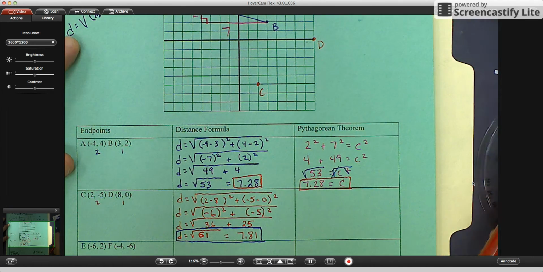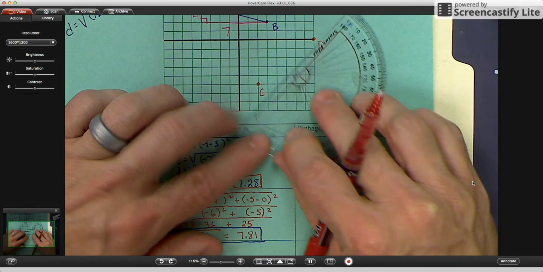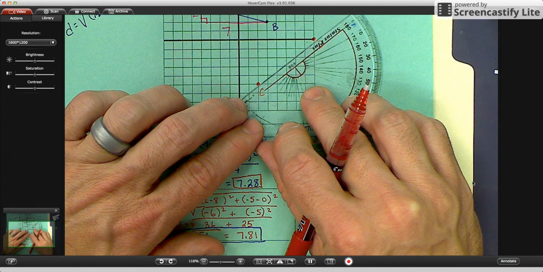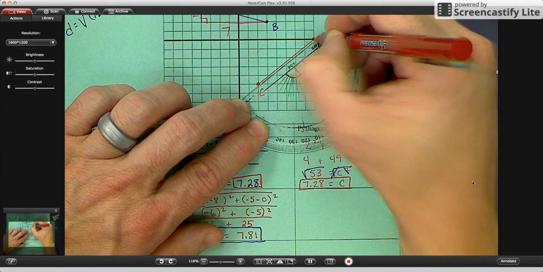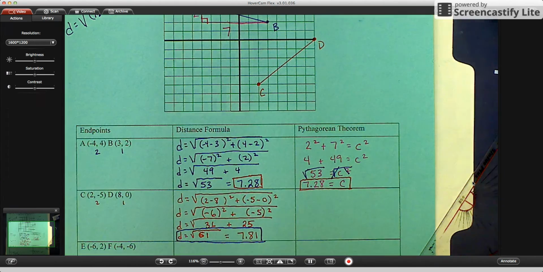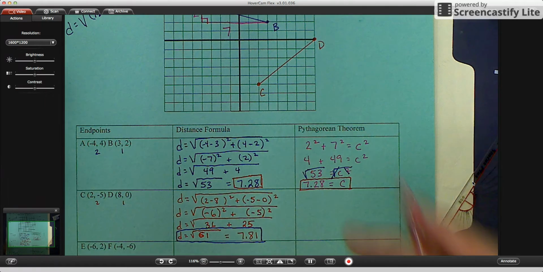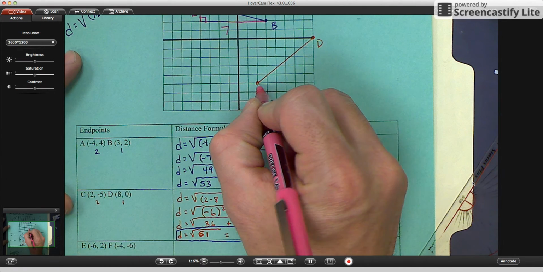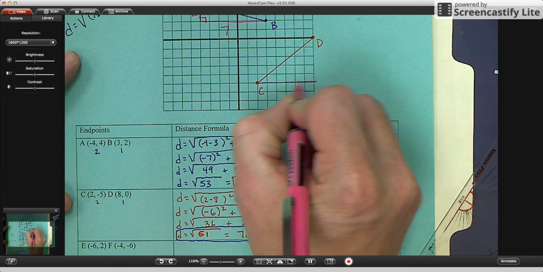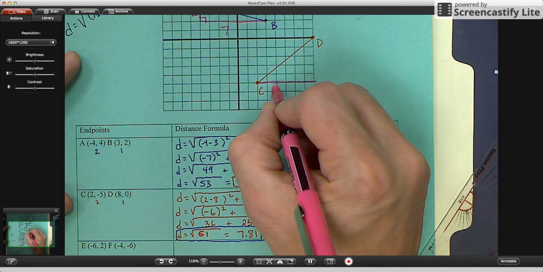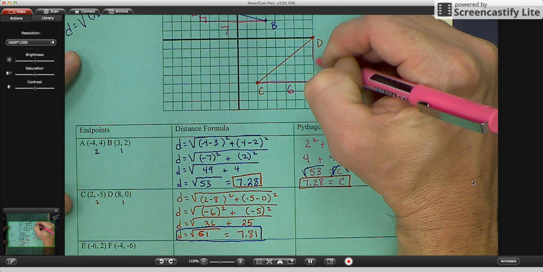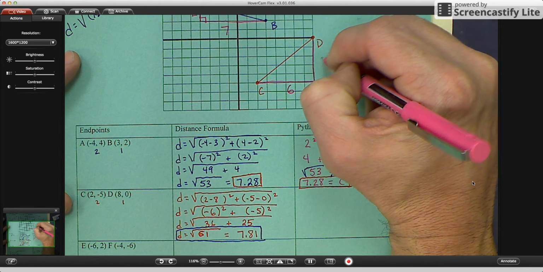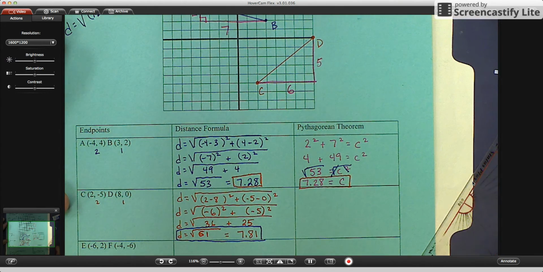Take my straight edge, draw my line. And then we're going to figure out our triangle. So I scroll over, make my horizontal line for the right triangle, which would be 1, 2, 3, 4, 5, 6 units here. Our vertical line, 5 units there.